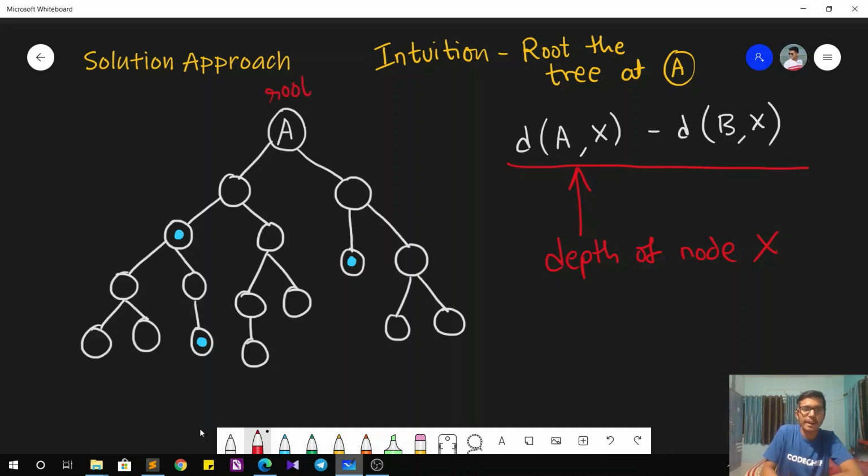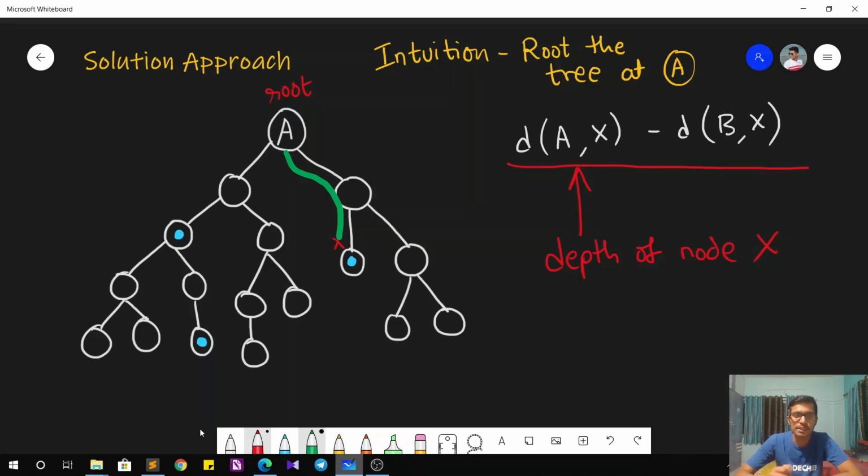So I have rooted my tree at A, and now for any particular node X, let's say this is my node X because it's a special node, what is d(A, X)? It is nothing but the distance between these two nodes, and that is nothing but the depth of the node X. So rooting the tree at A helps us in solving the problem.